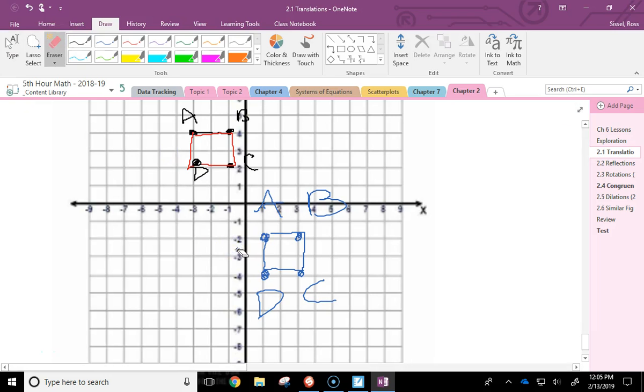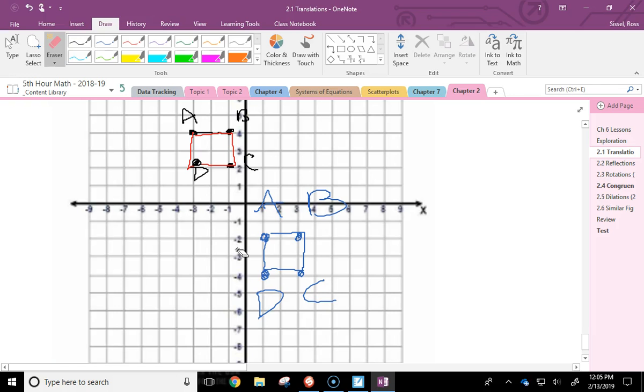Once Troy did point A, Ben said, do I have to really count up on my next one? Can't I just know that my length was 2, so we just went 2 over? And when Ainsley did hers, she knew this one has to go here. With the translation, if the size did not change, the rotation did not change, everything would stay the same.